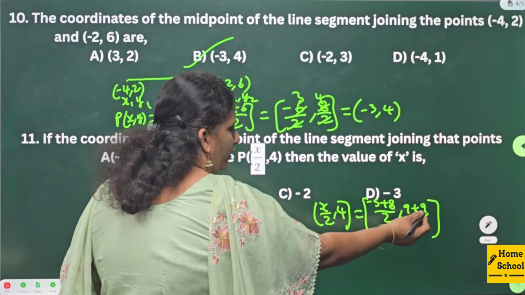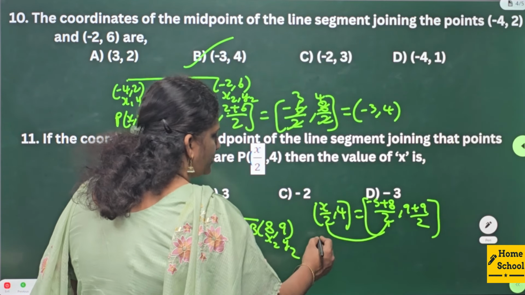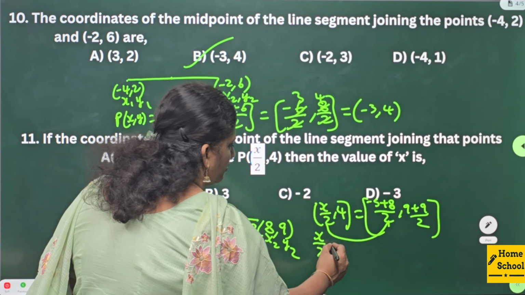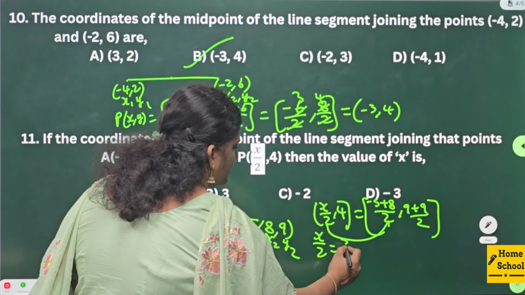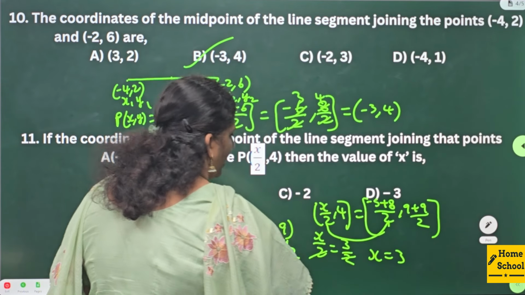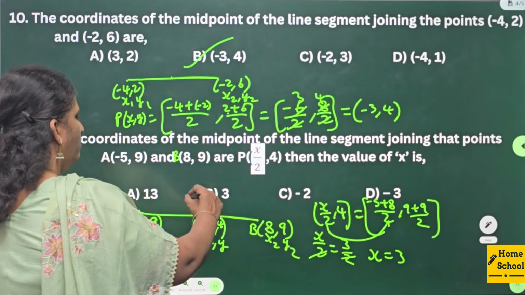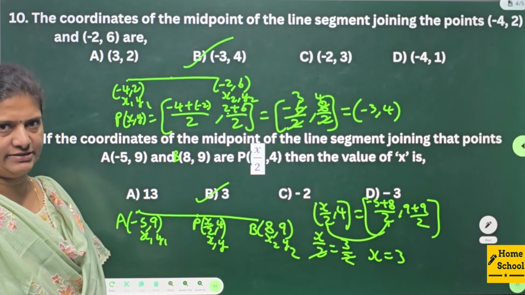Now, if you want, you can equate these directly. So, where is x? You equate these two. x by 2 is equal to 8 minus 5 is 3, 3 by 2. 2, 2 cancel. Therefore, what is your x value? The x value is 3. Check for that answer. Option B, 3 is your answer.